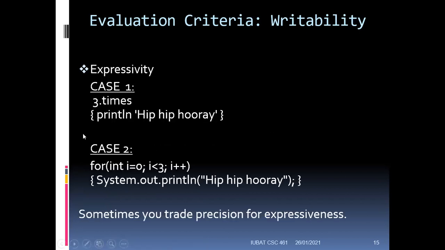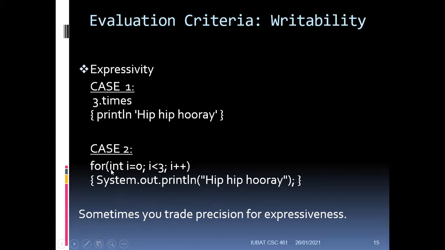Now look at these cases to understand expressiveness. Look at case one. Both of them are doing the same thing. They are printing a string, hip hip hooray. Now if I ask you which one is more expressive, that means easier to understand, there might be a little bit of thinking.